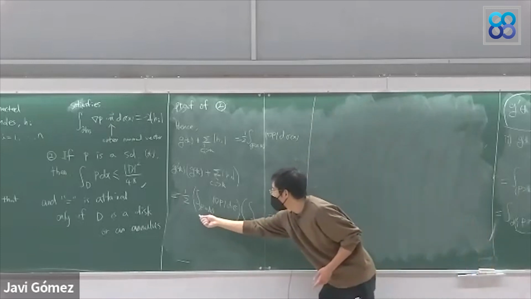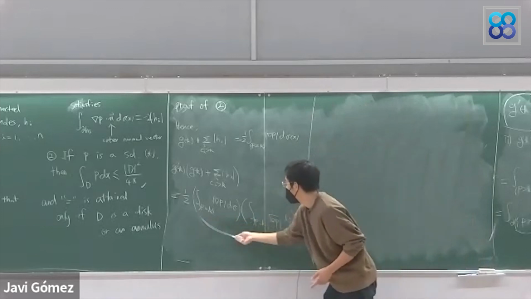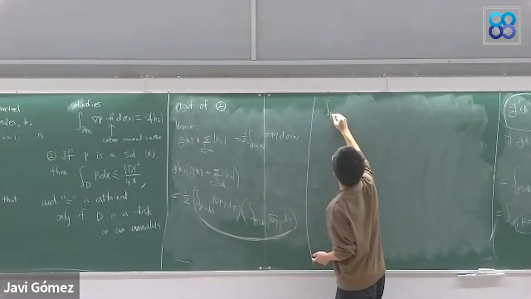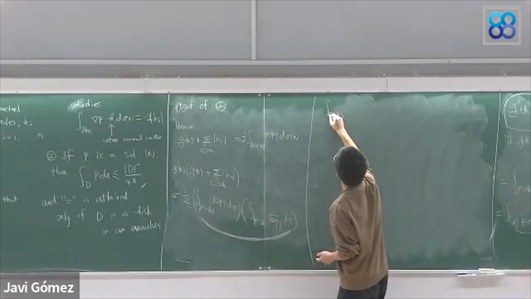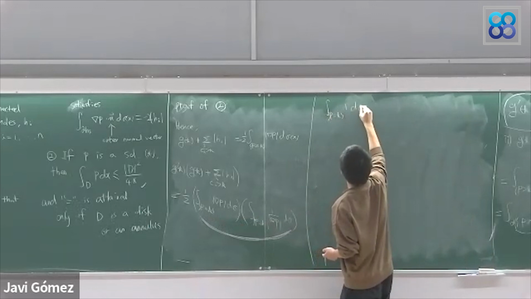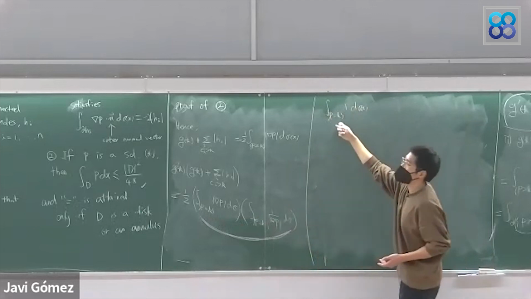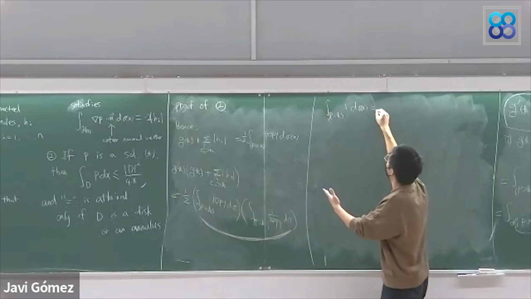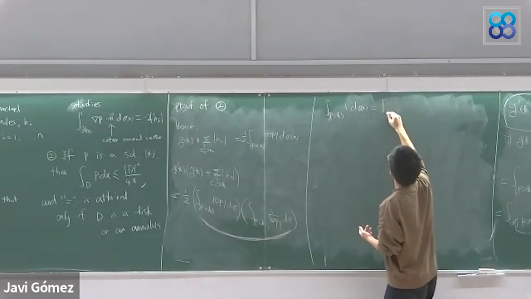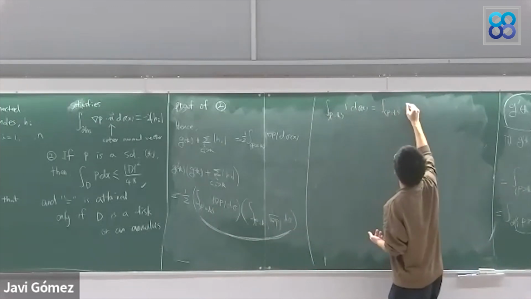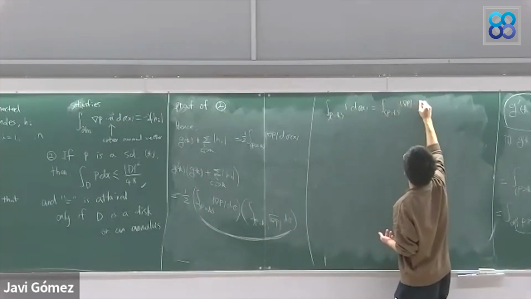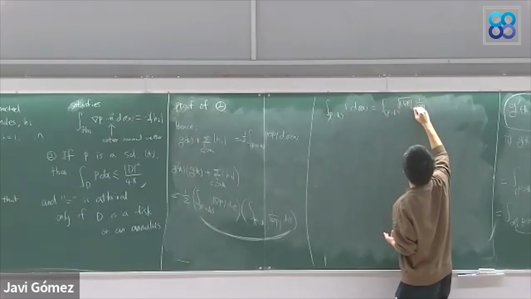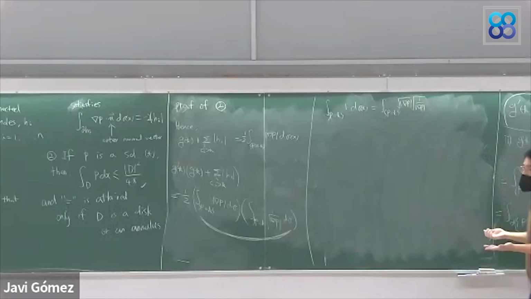So let's look at this guy. So let's look at the surface integral on the level set. That gives you the perimeter of the level set. And then we can split 1 into root p times 1 over root p.